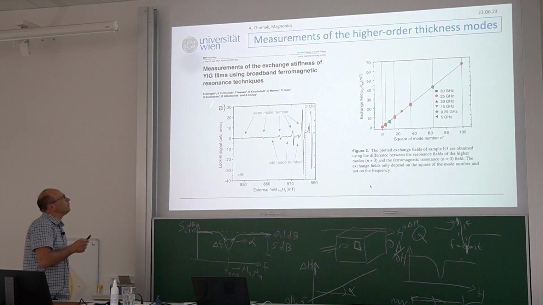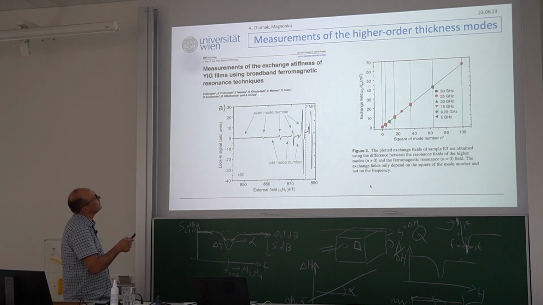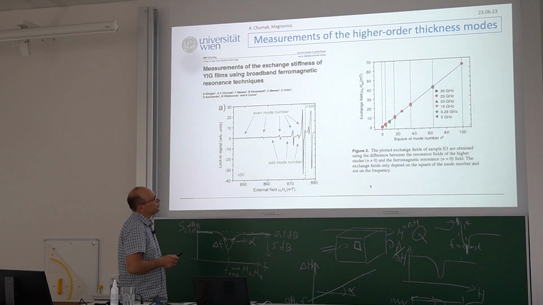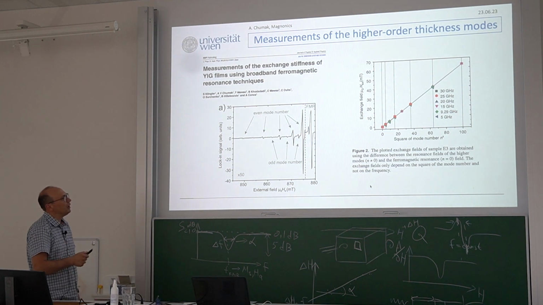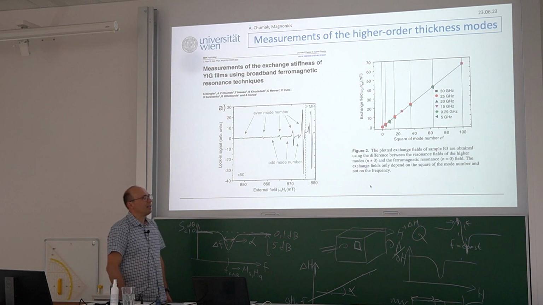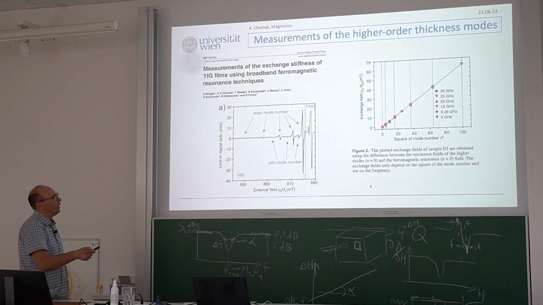In some cases, so this paper was done by Stefan Klinger when he visited the lab of Tim Mewis, and he measured this micron thick YIG, and he has seen in their ferromagnetic resonance, so Tim Mewis also is one of the leading experts in FMR, they have seen these higher modes, and these are nothing else than higher thickness modes, or PSSW, perpendicular standing spin waves.